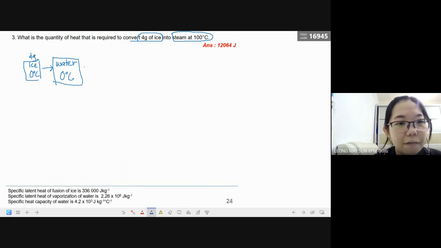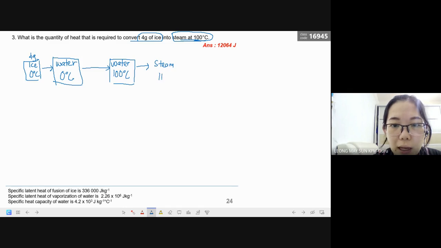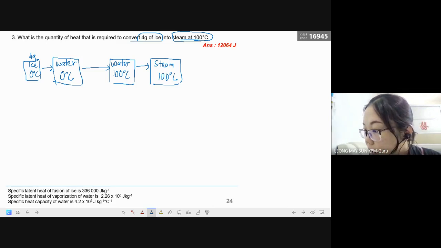Okay, then after that, the water, because it has to change to steam at 100 degrees Celsius, the heat will continue to be provided until it becomes water at 100 degrees Celsius. Okay, when it's water at 100 degrees Celsius, then only it will change to become steam at 100 degrees Celsius. So draw this first.